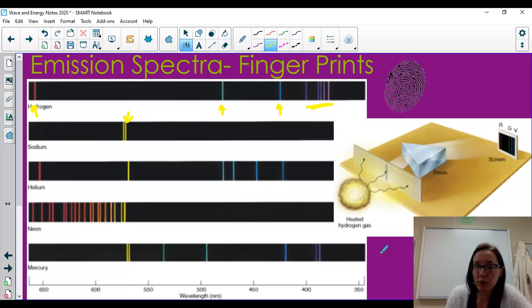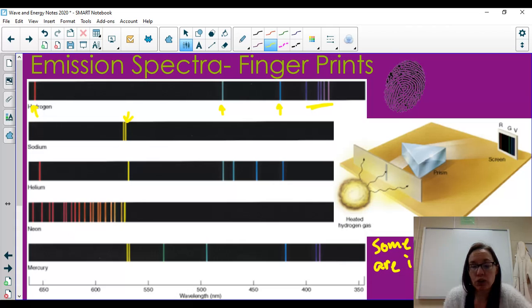What we have to remember is some emissions are not visible. Just because we only see emissions of certain patterns doesn't mean it isn't emitting some other amount of energy, but some of them are invisible.